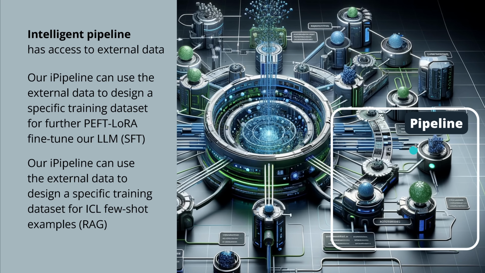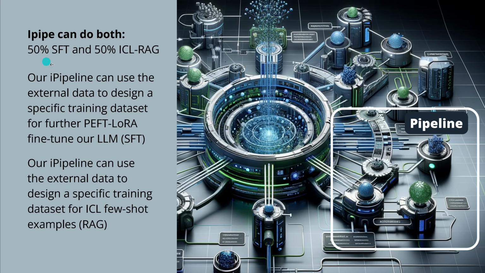So we bring the external knowledge back into our LLM, or maybe the intelligent pipeline decides to use the external data to just design a specific training data set for in-context learning for some few-shot example for RAG. This is an interesting thing because in theory, we want our pipeline to do both.